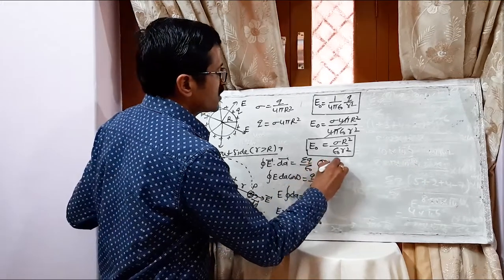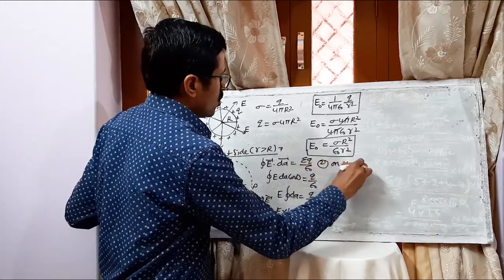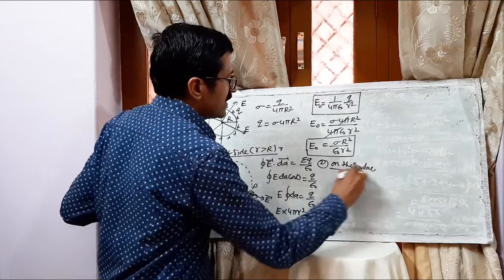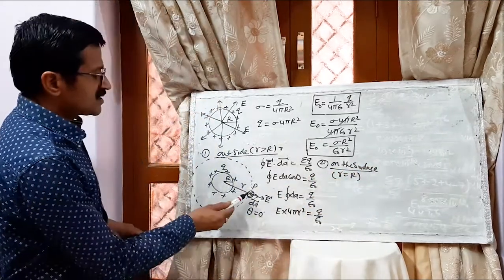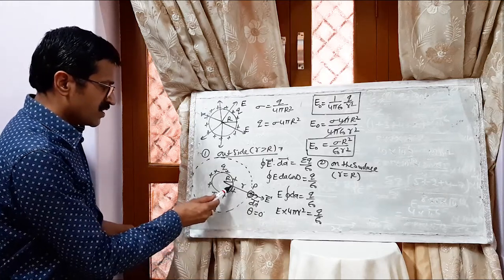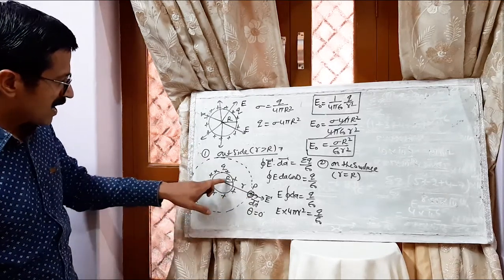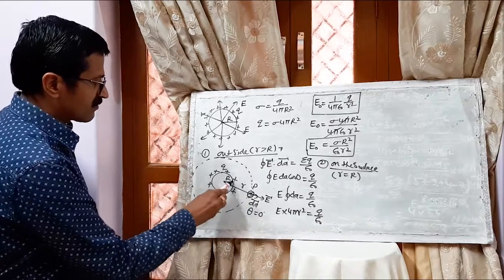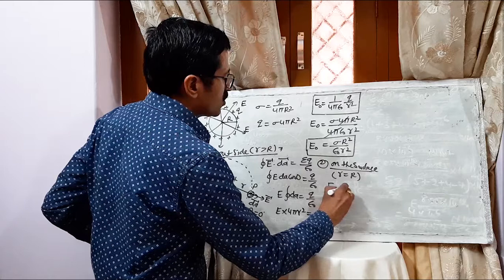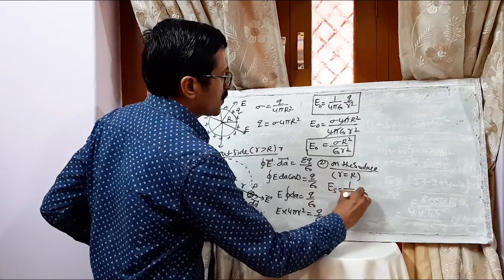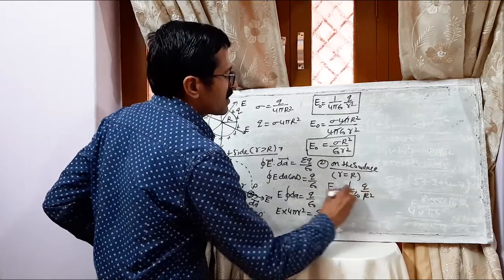Now what about on the surface? On the surface, students, remember, small r will be equal to capital R, because this observation point will come here on the surface. In this case, the electric field intensity on the surface will be 1 upon 4 pi epsilon naught q upon capital R square only.